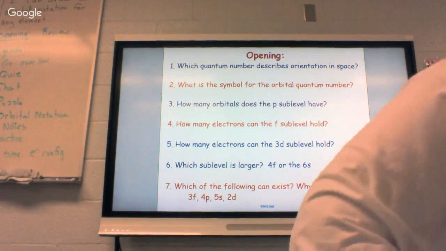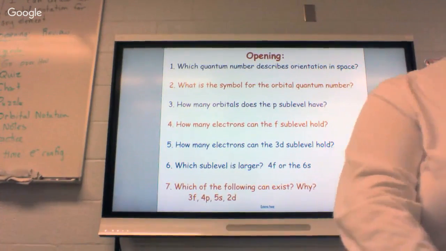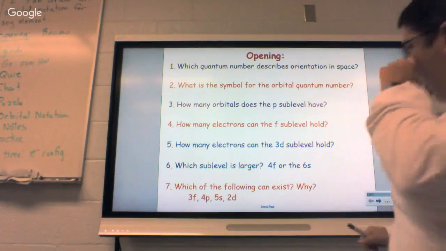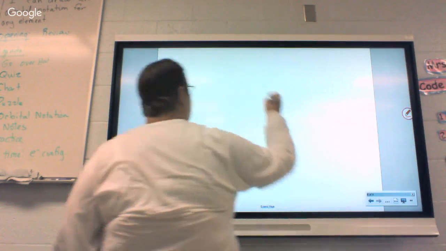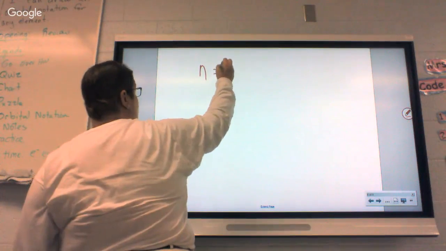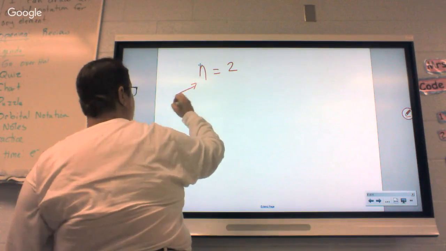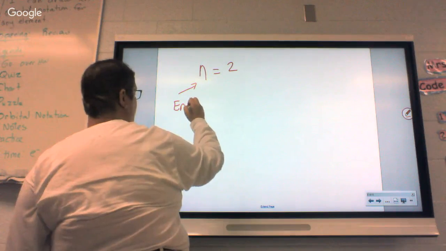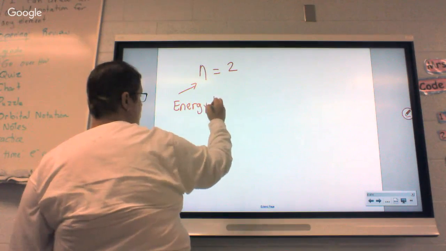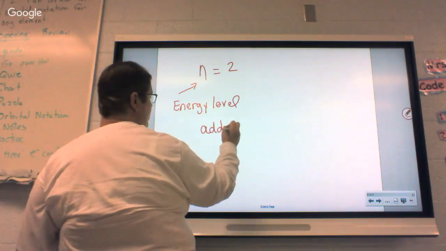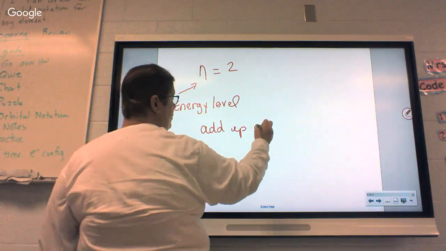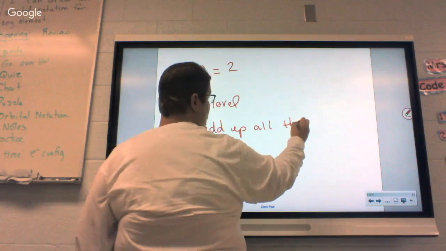Okay. So, when you do the last two, the thing that makes them different is they're not asking about a sublevel. Okay? This is an energy level. So, you have to add up all the sublevels.